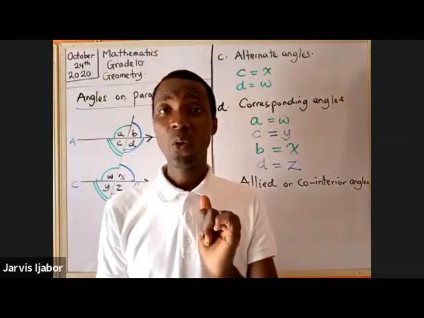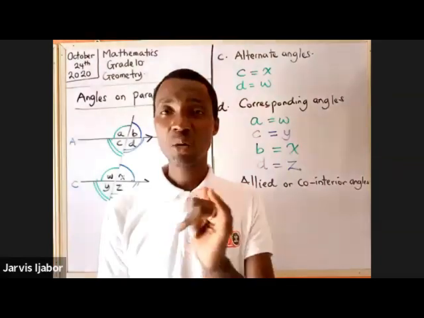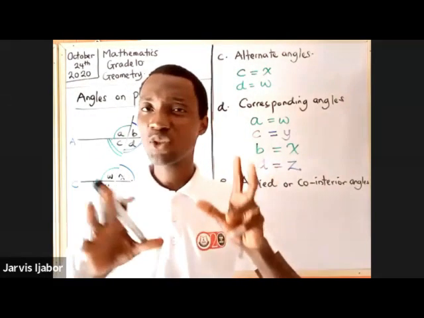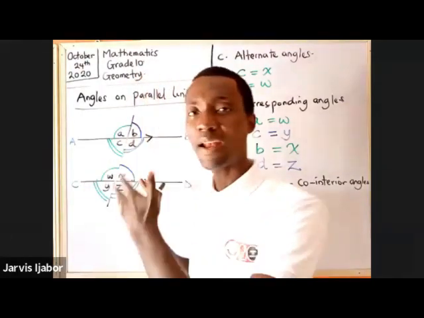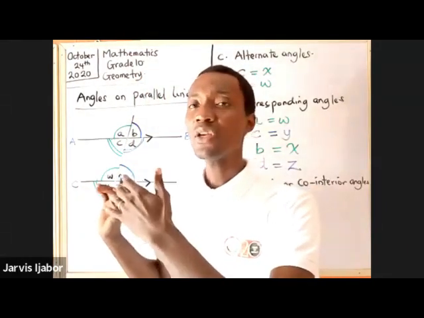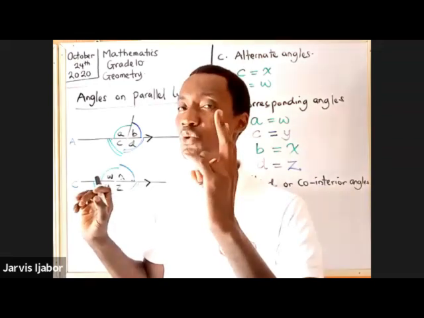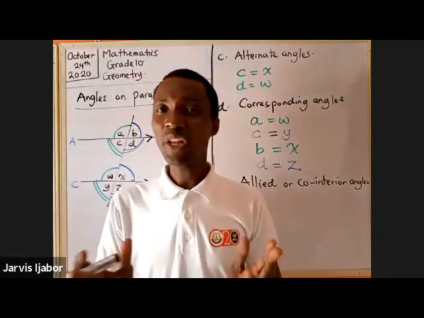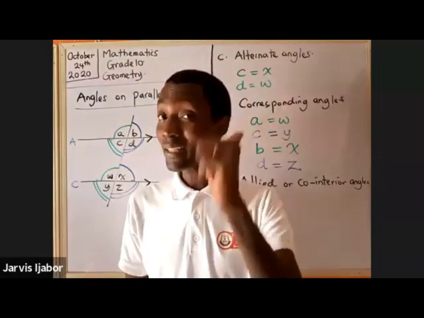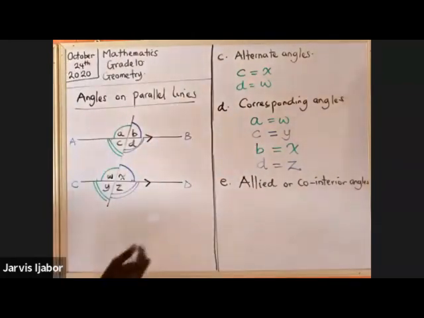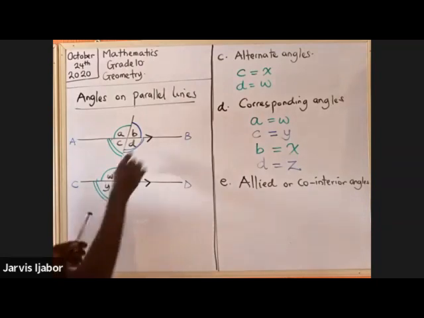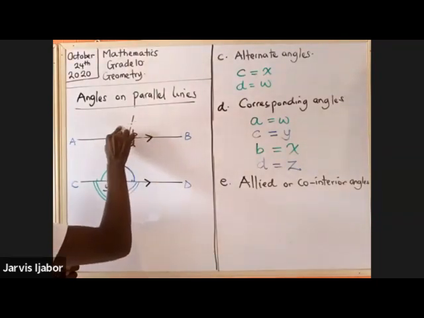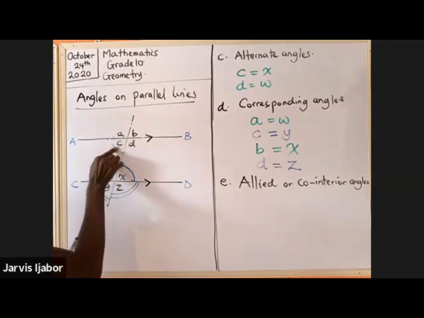Allied or co-interior angles sum up to 180 degrees. Now, understand how the sketch works when it comes to parallel lines. For parallel lines, you're only considering two angles at a time. So, I'll need to clean up this and show you how the allied co-interior thing works.